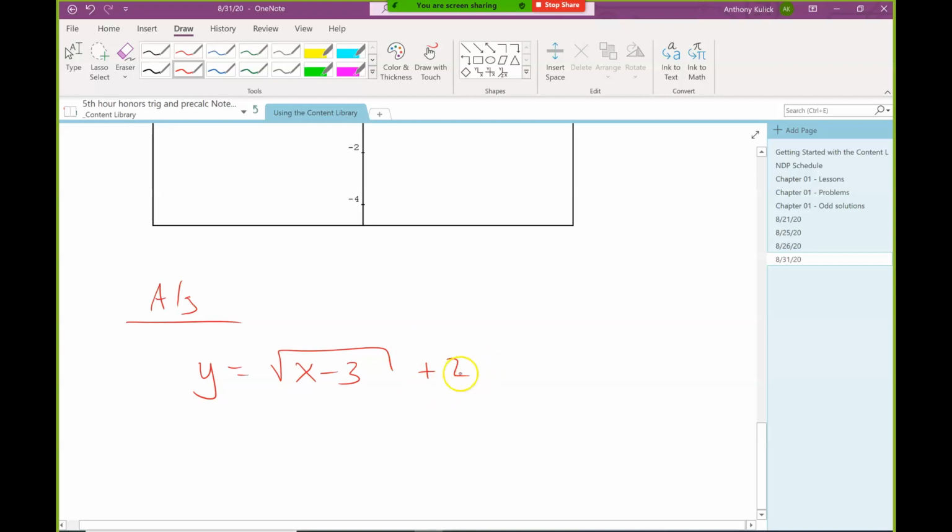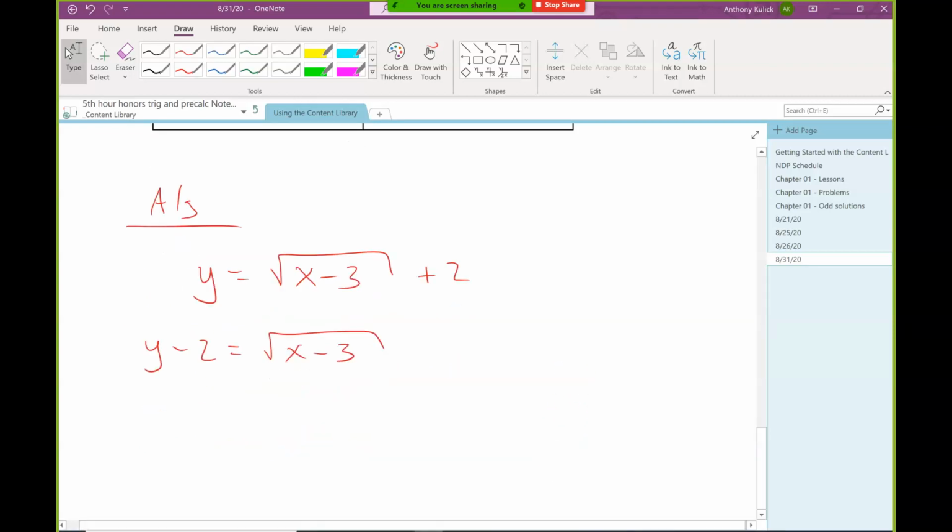So we want to start by subtracting the 2 over here. And now you might think you want to square both sides, right? What's the issue with that, though?